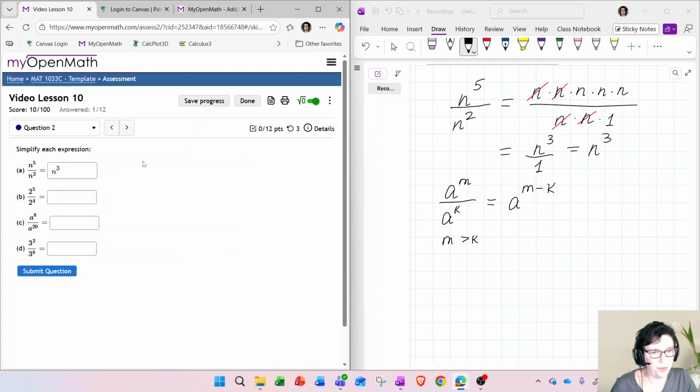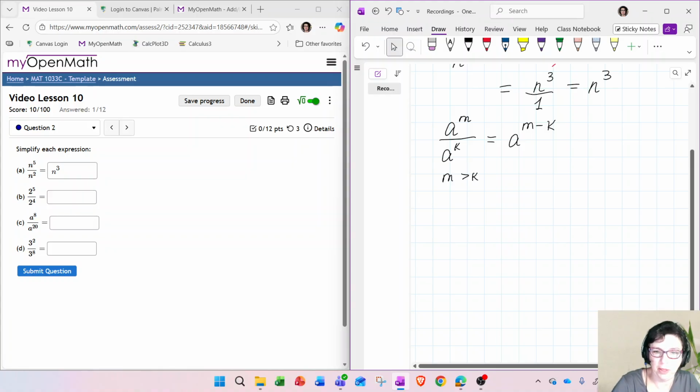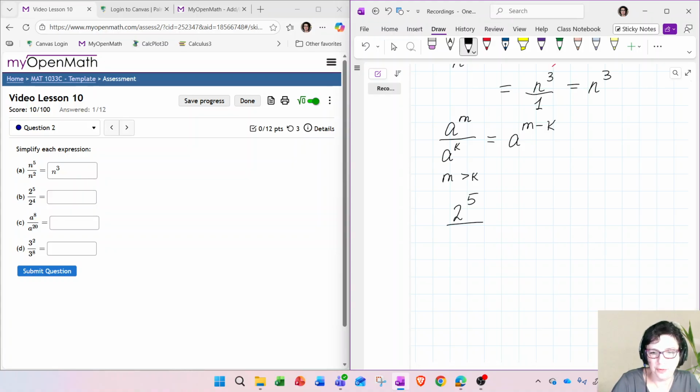And is it going to work for any of the other ones? Well, yes, it is also going to work for part B. Let's look at part B. 2 to the power 5 divided by 2 to the power 4. Now let's look at the powers. We've got 5 and 4. Which one is larger? The top one is larger. We can use this rule, because m is more than k.